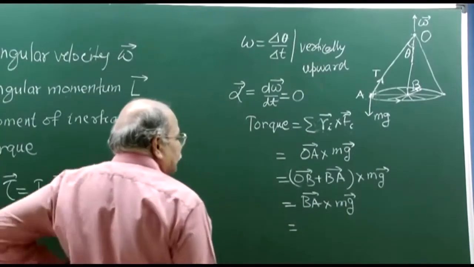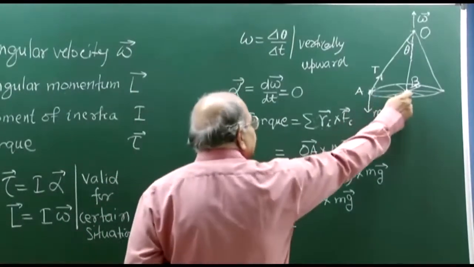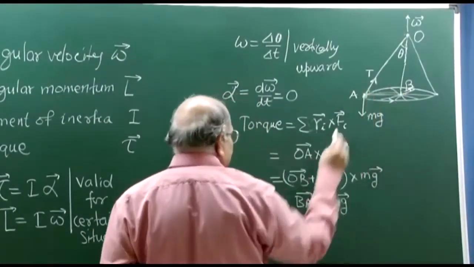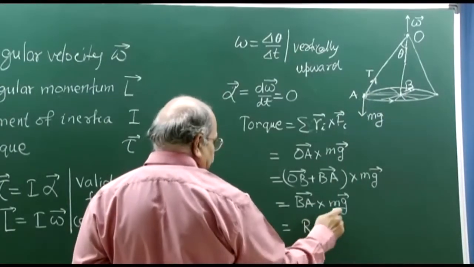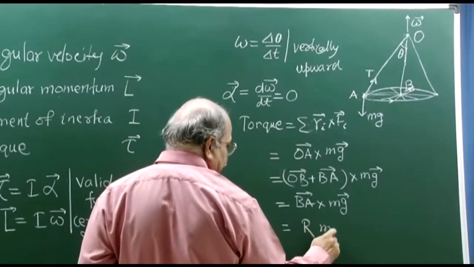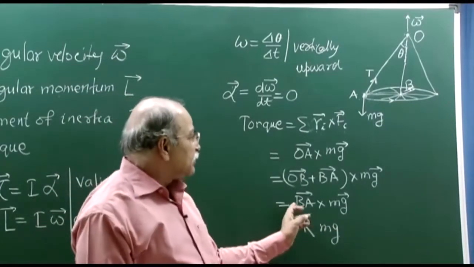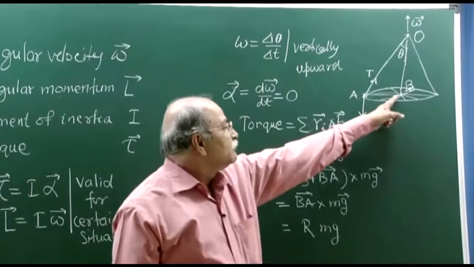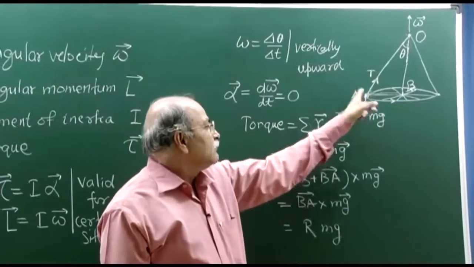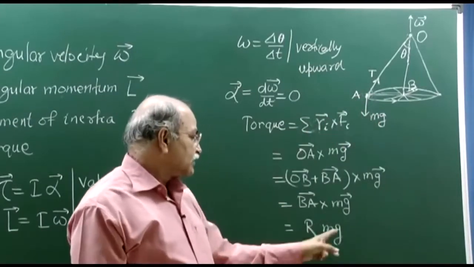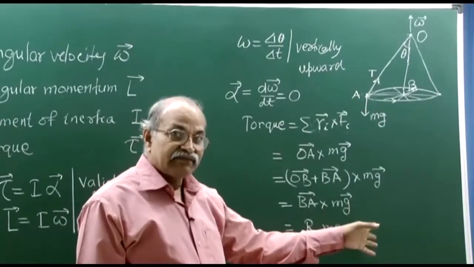What is the magnitude? BA is the radius of this circle, the magnitude of the force is mg, and then sin theta, the angle between BA and mg. BA is horizontal, mg is vertical, so the angle is 90 degrees, and therefore sin theta is sin 90 degrees, which is 1.